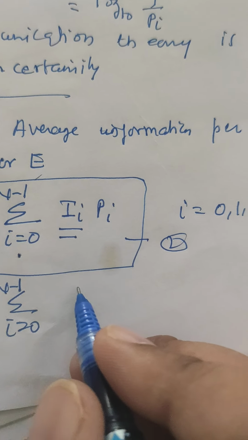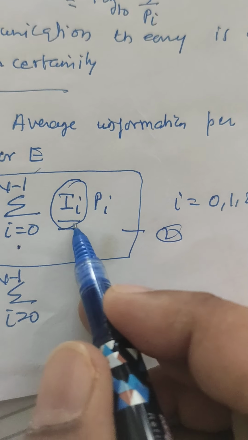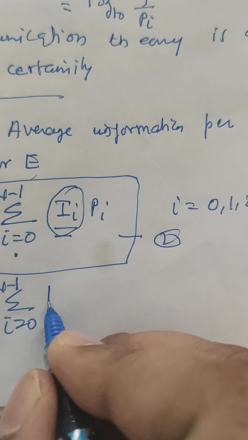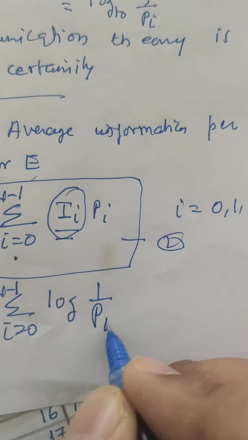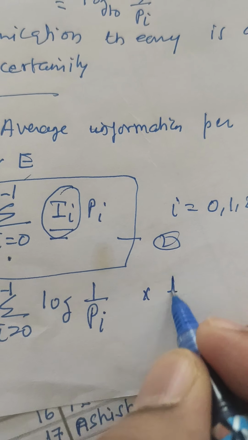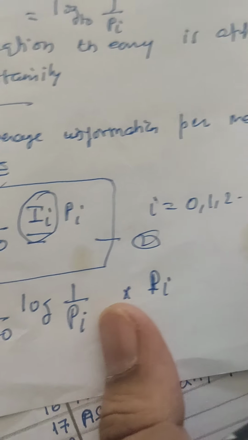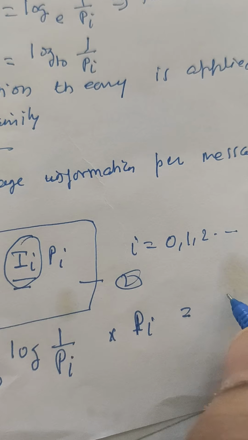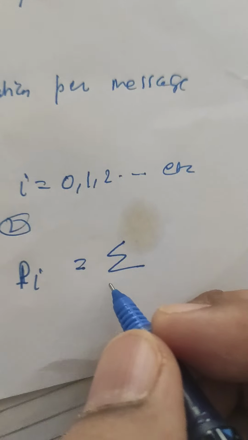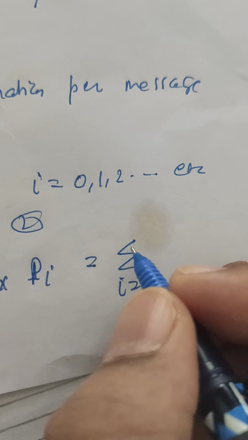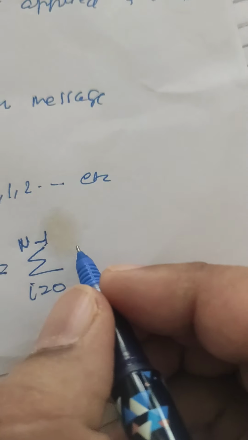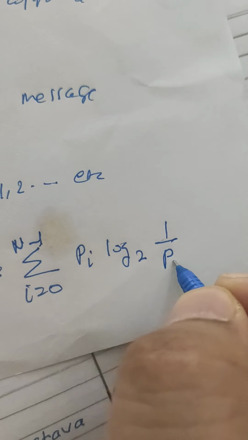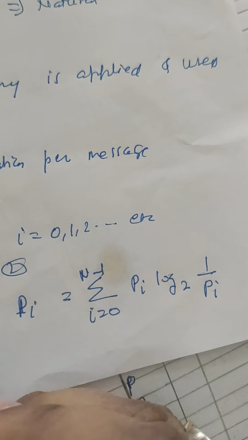Now in place of I of I, we write log of 1 upon P of I multiplied by P of I. Rearranging this equation, summation for i equal to 0 to n minus 1 of P of I log base 2 of 1 upon P of I is the entropy.